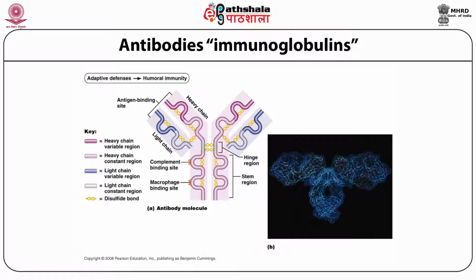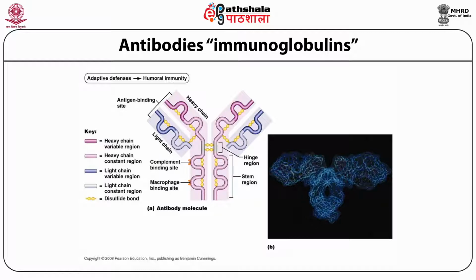To see the structure of the immunoglobulin, one can separate the two light chains and two heavy chains by various enzymatic or chemical methods and run them on electrophoresis. You can see two different molecular weights. The light chain gives the lower molecular weight, whereas the heavy chain gives the higher molecular weight.